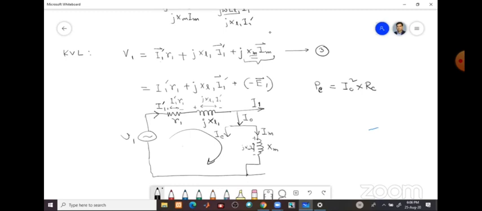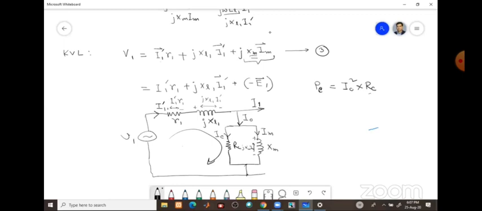That is called the core loss component of resistance. Okay, so that RC I will use here, through which this IC will flow. That means IC will flow through RC. Okay, so then the KCL equation number 2 is implemented successfully.